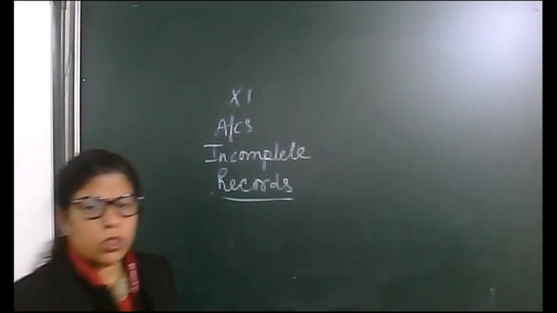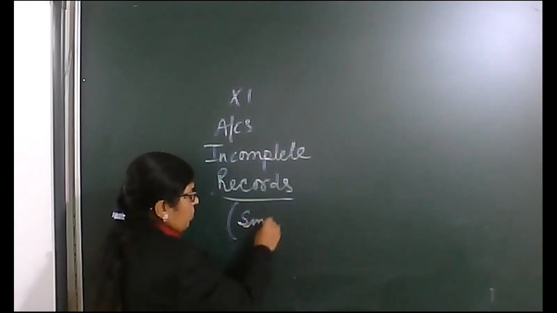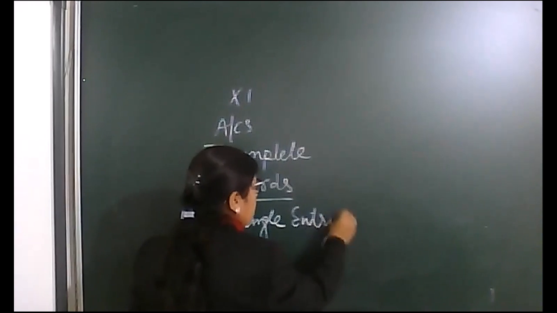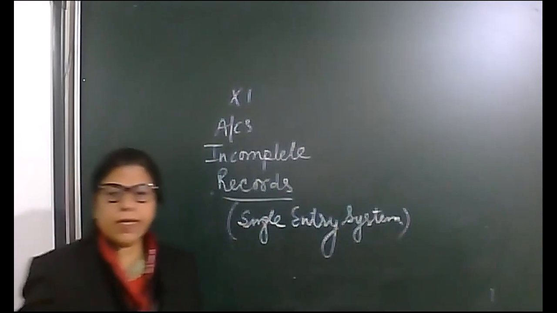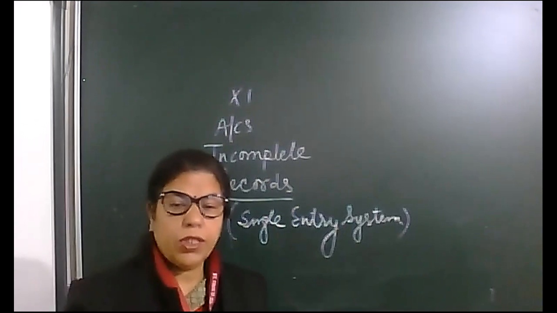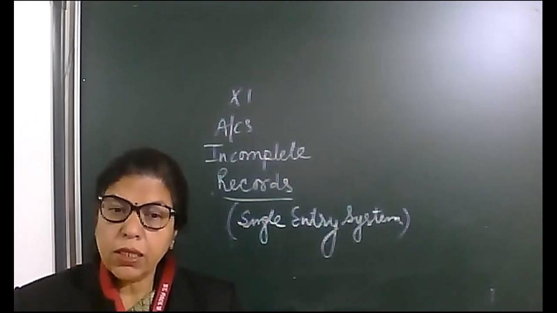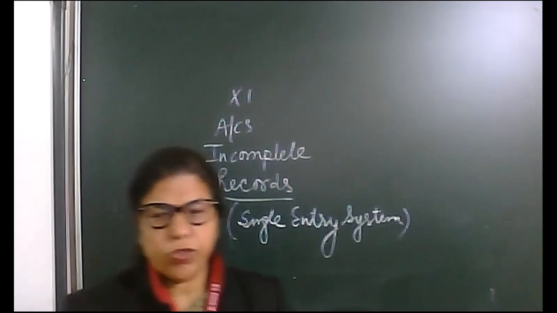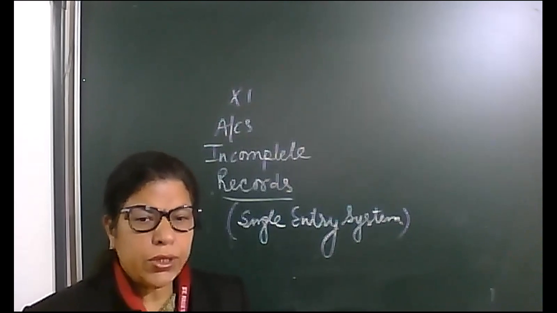Or in few books, in place of incomplete, the word will be single entry system. See, as I told you that we follow double entry system in accounting. But if the accounts are prepared on the basis of single entry system, these accounts are known as incomplete records.